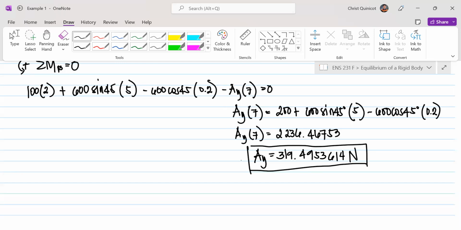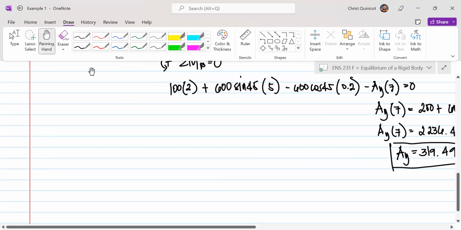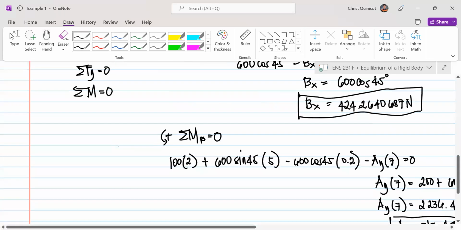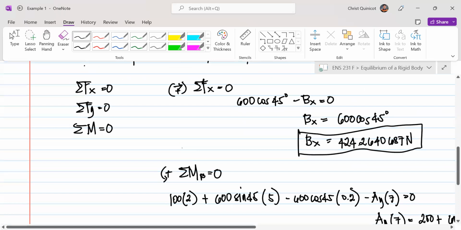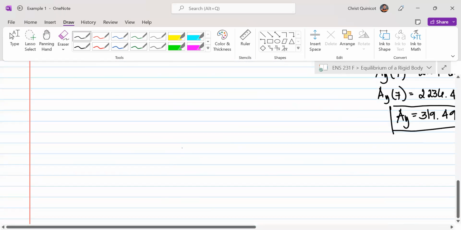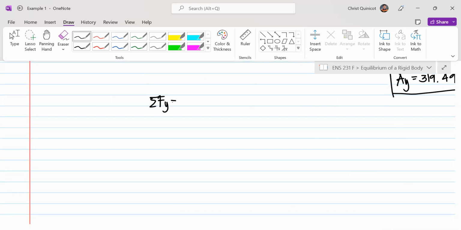Now, knowing our A sub Y, we can now use our second equilibrium equation for set 1, that is summation of forces Y is equal to 0. Because if we do that, only B sub Y will be the unknown. So summation of forces Y is equal to 0, assuming, of course, upward positive.